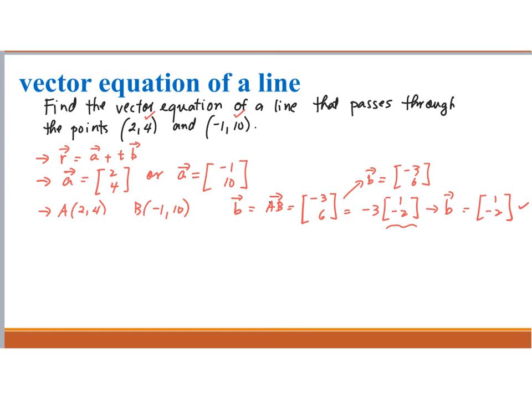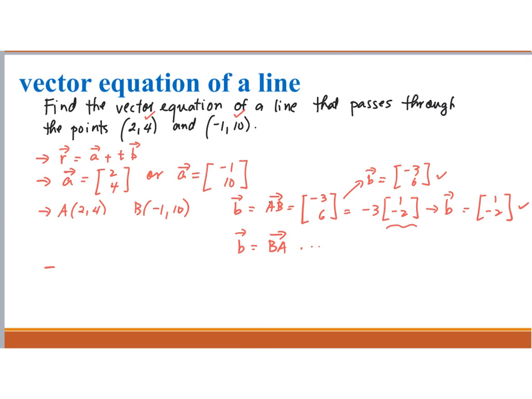Or, as we have done earlier, we could make BA our direction vector, and it will give you another B. Already, we can form at least 4 pairs there, but we only need 1.